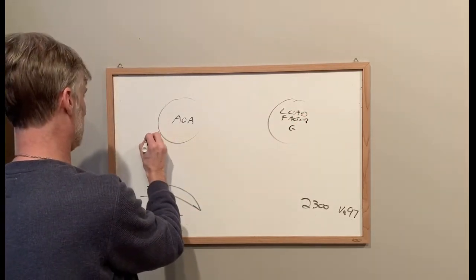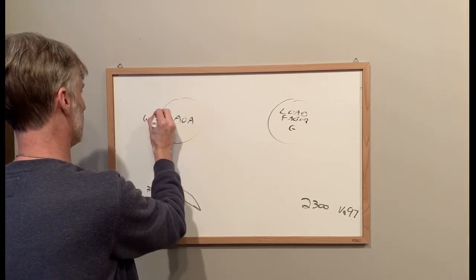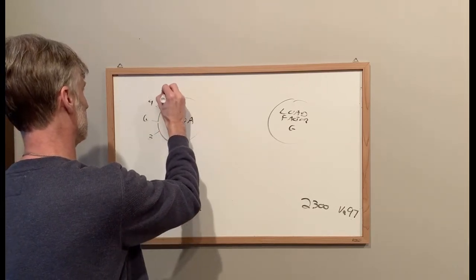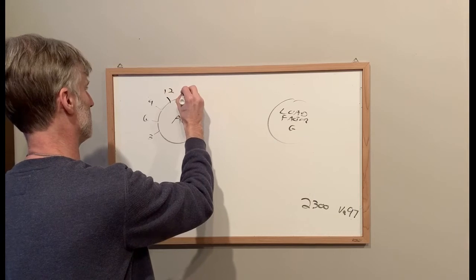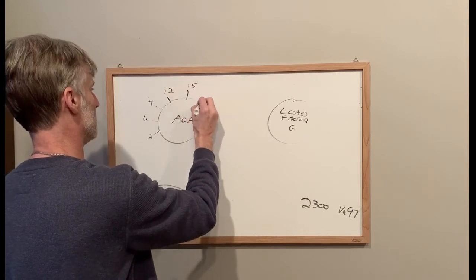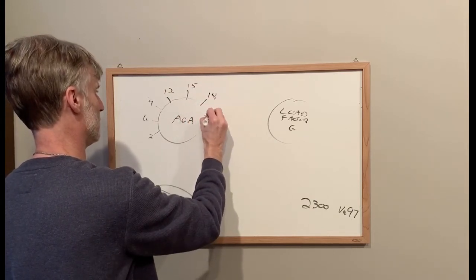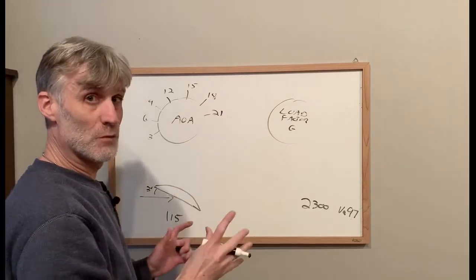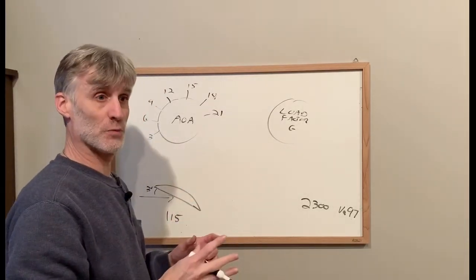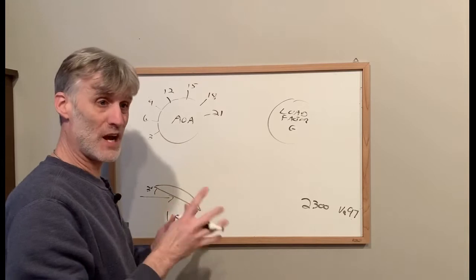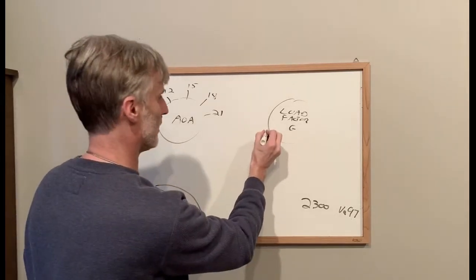Angle of attack, let's say 3, 6, 9, 12, 15, 18, 21. Generally, most general aviation airplanes have a critical angle of attack around 18 degrees. Might be a little more, might be a little less.